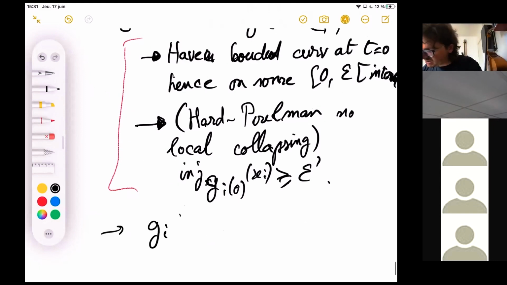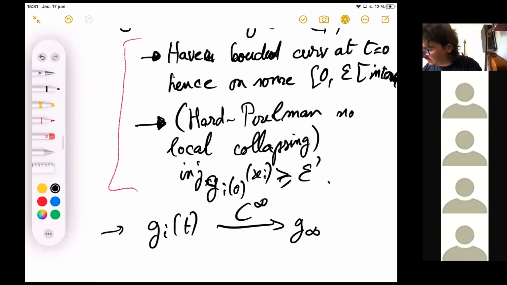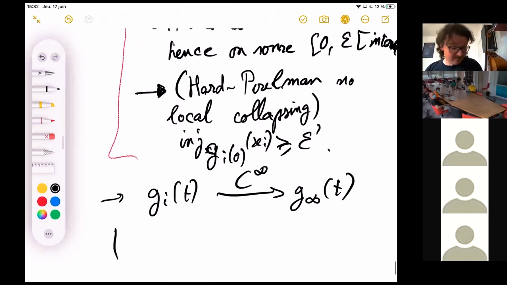So gi of t, a sequence of Ricci flows, converges smoothly, and this is where the Ricci flow helps us a lot, because of the smoothing effect, the parabolic nature of the Ricci flow, gives us smooth convergence, whereas if we're on a fixed manifold, we would only have C1 alpha convergence.